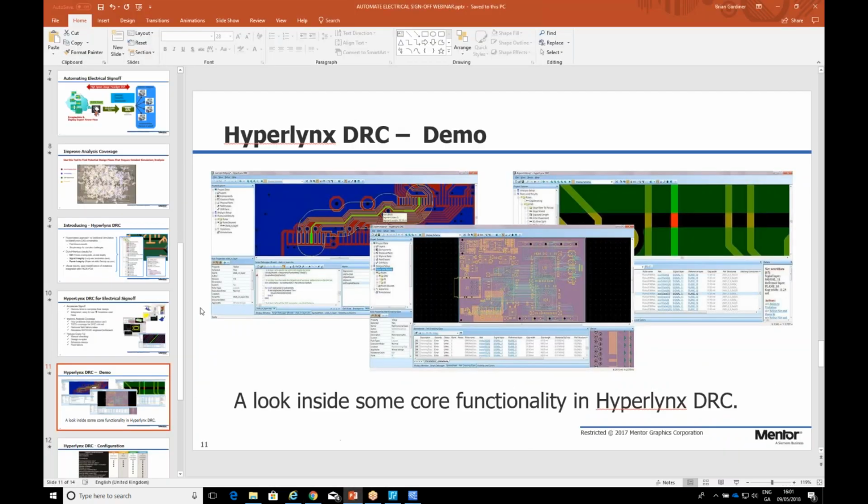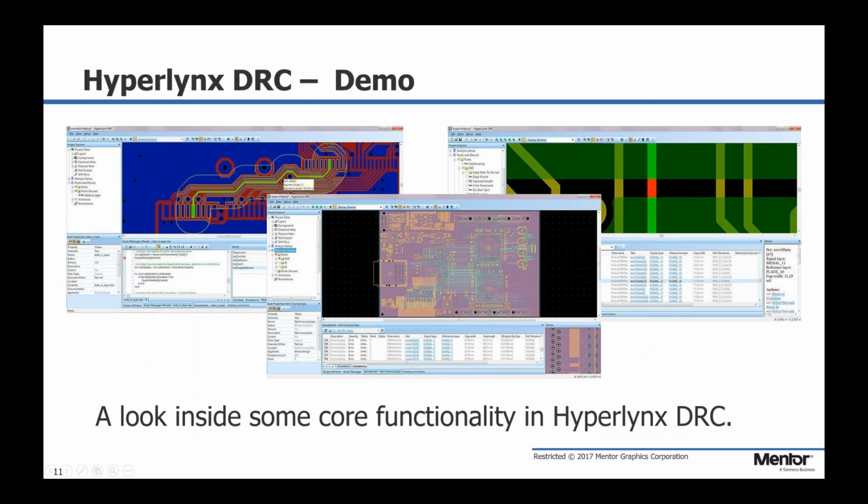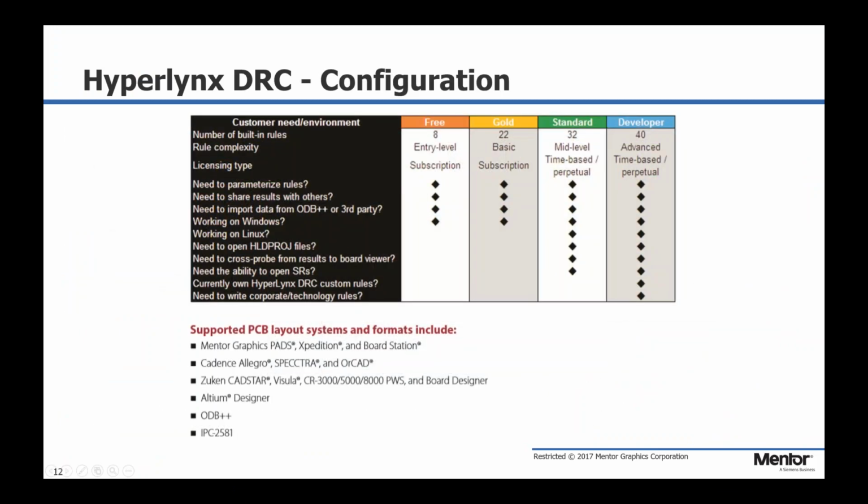So that brings us back to our presentation, just to give you a little more information about the tool itself. It comes in a number of configurations, and you'll notice that the first one is free. There's a free version that contains 8 rules that you can download from the mentor.com website right at this point in time.